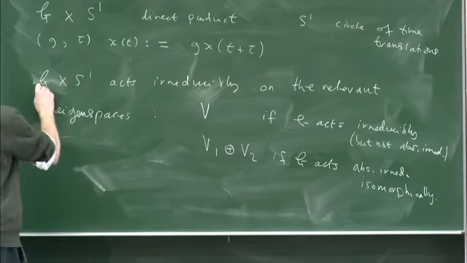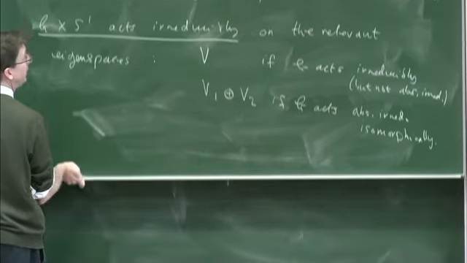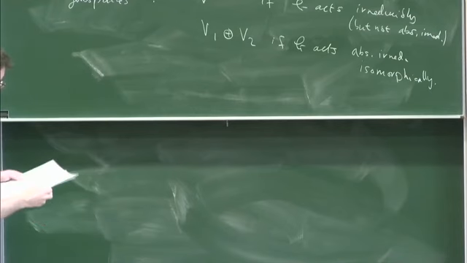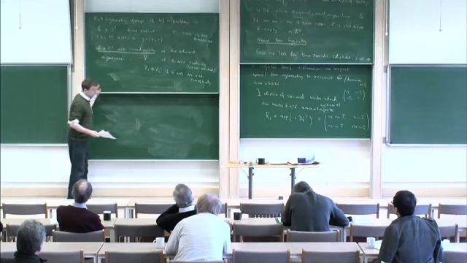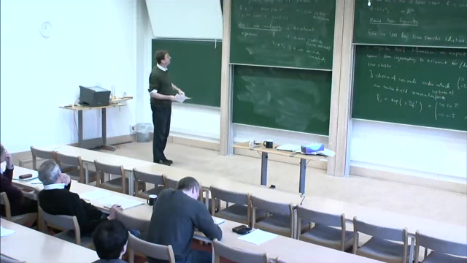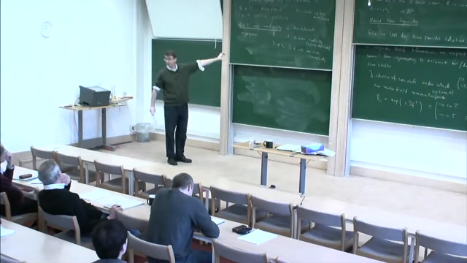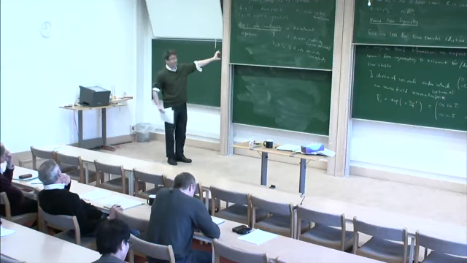Okay. So that's the key point in all this. That the action of G will have one of two different forms, depending on the problems you want to look at. But G cross S1 is really the more fundamental object for Hopf bifurcation. Okay?